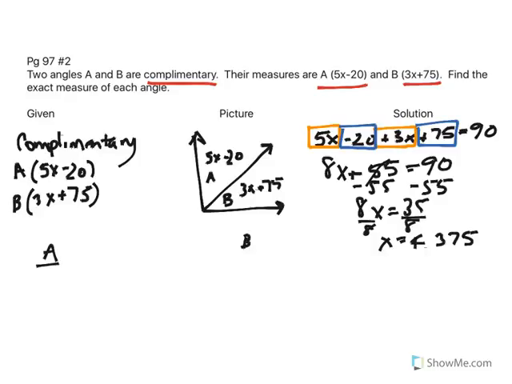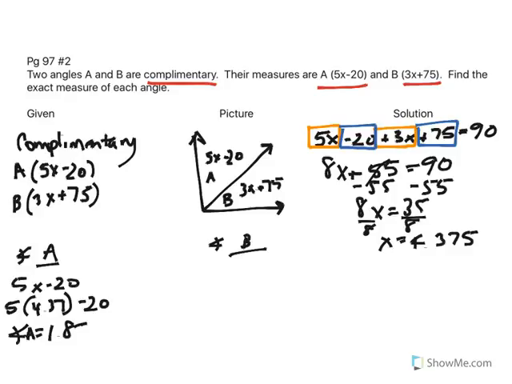Okay, so let's find the measure of angle A. Now we'll find the measure of angle B. Okay, so we know that angle A is 5x minus 20. We're going to plug in the x value. And we get angle A equals 1.85 degrees.